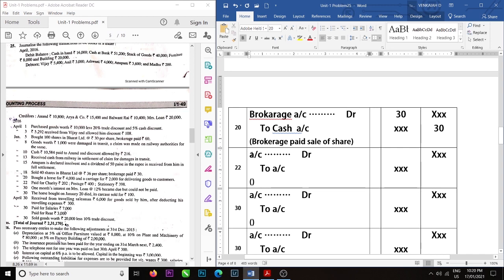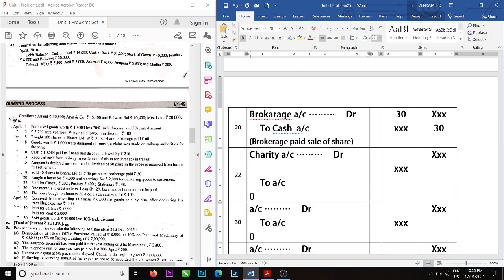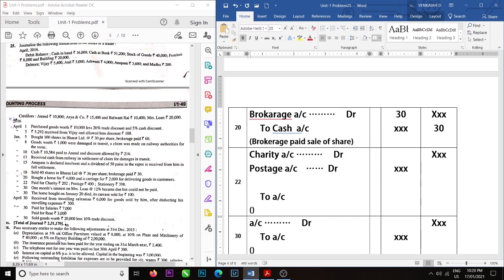This is called a compound entry. Charity account debit, postage account debit, stationery account debit, to cash account.